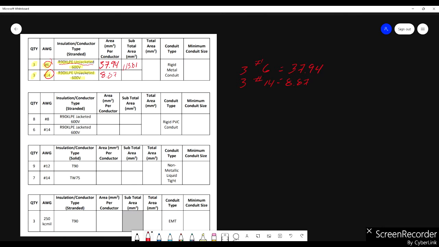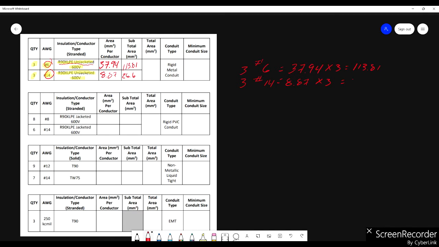And then for number 14s, if you do the math or you just look at table 6A for 3 of them, it's 26.6. Okay, so that's all we've done here is just kind of multiplied by 3, or I've just gone to the table 6A under the number of conductors 3 and just found the number itself.